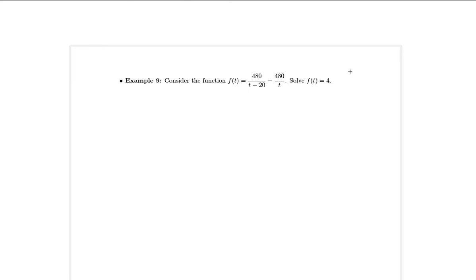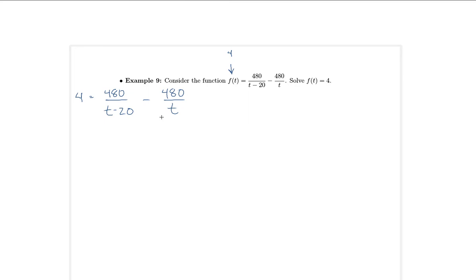All right, so coming back from you pausing here, this time they're asking us to let f of t be equal to 4. So I'm plugging 4 in here for f of t, and that's got to equal 480 over t minus 20 minus 480 over t. As I look at t minus 20 and t, I can't factor either one of those, and they're definitely different things.